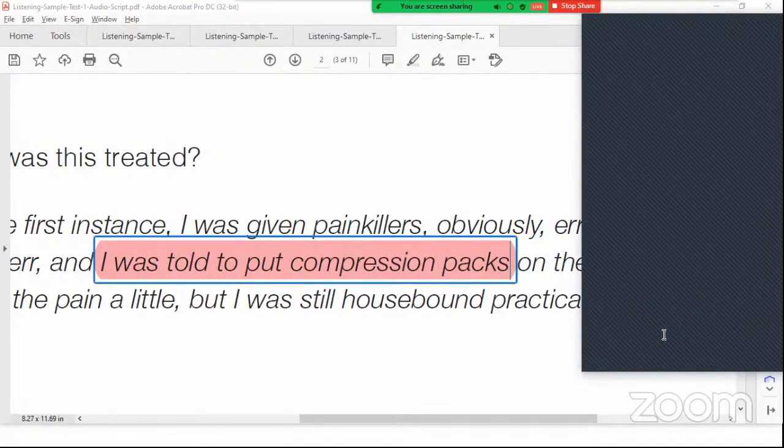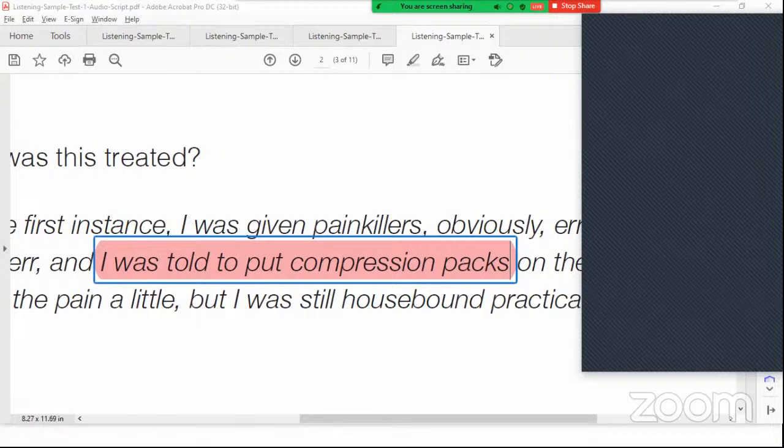Who wants compression pack? Nobody wants that. What is the question focusing on? The question is focusing on your ability to identify singular or plural form.